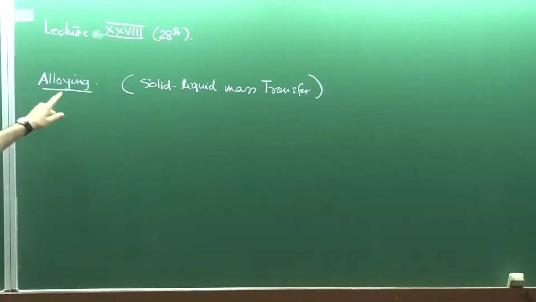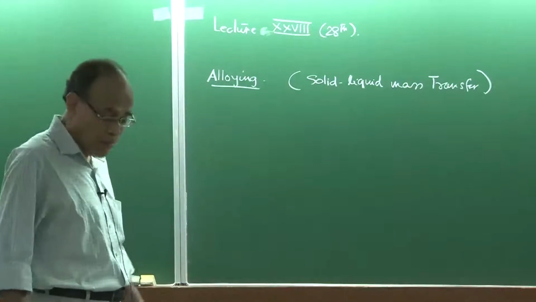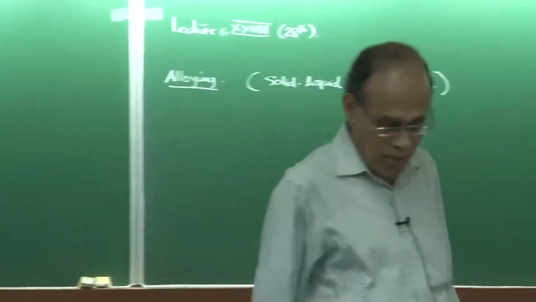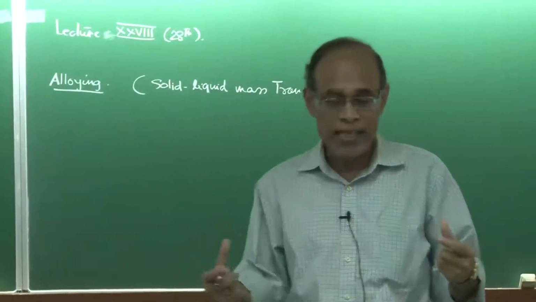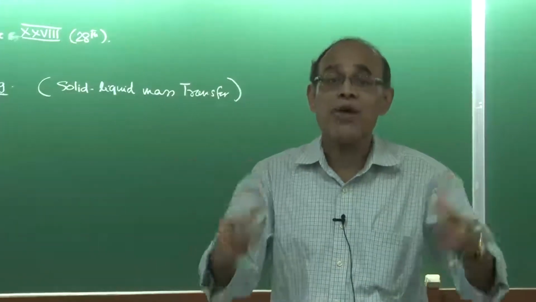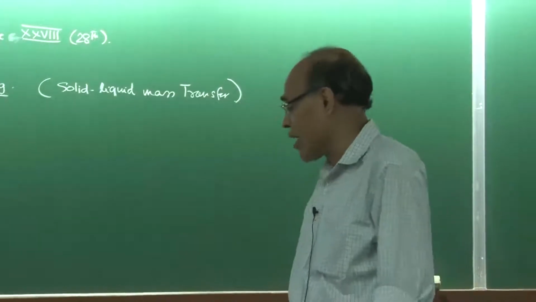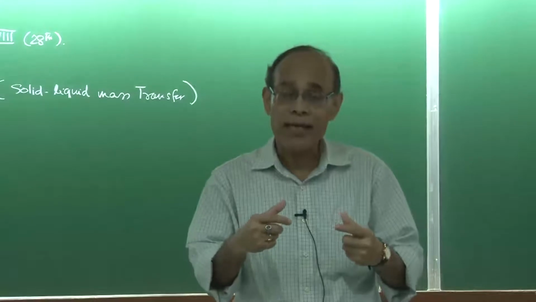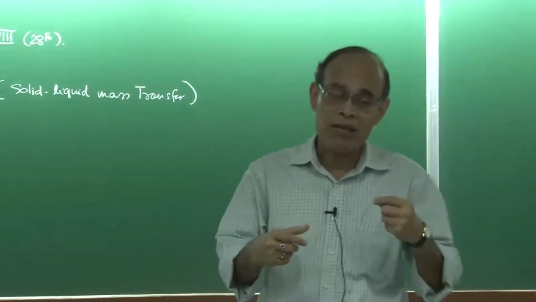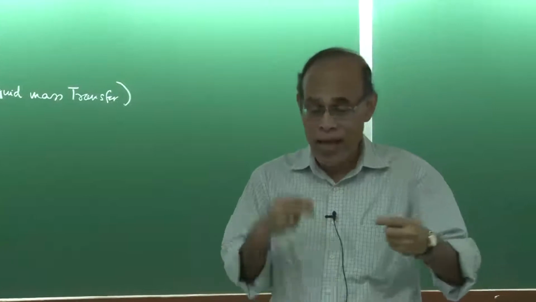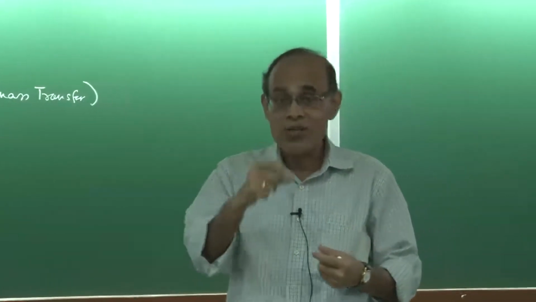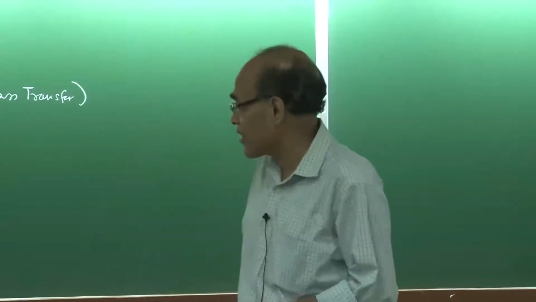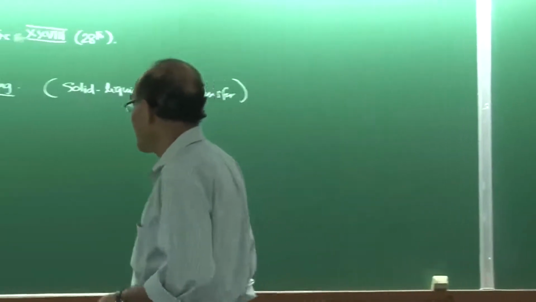And also, once I discuss this solid liquid mass transfer problem, I would like to introduce a special topic which is very applied in nature, that is the reduction of iron ore or iron oxide with carbon monoxide, where I intend to show you that I may not consider the kinetic steps to be at equilibrium and then consider the resistance is not made up of one single step, but several steps working in series. So these are the two problems that I wish to discuss today.